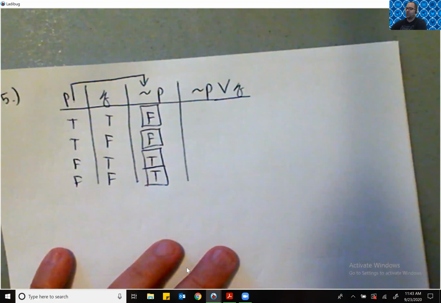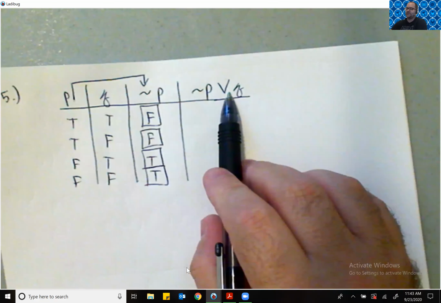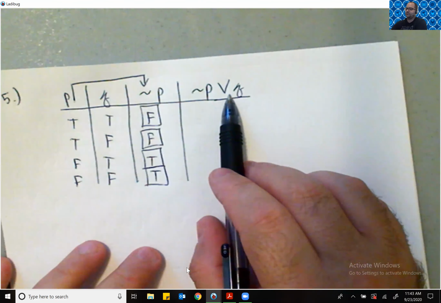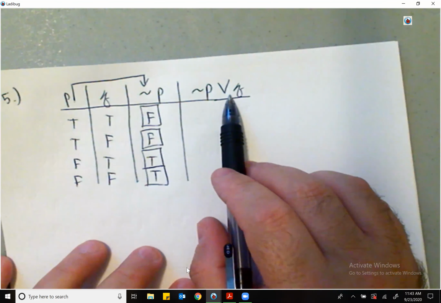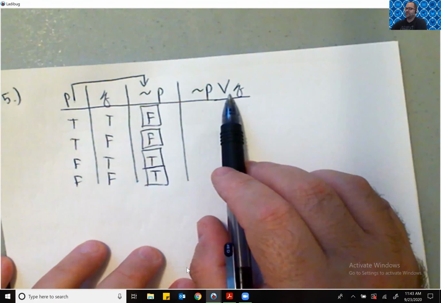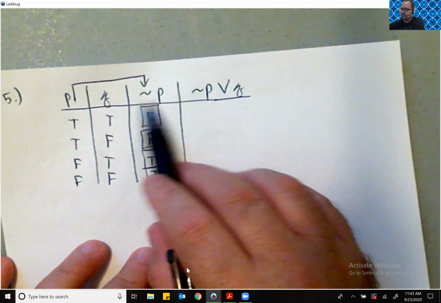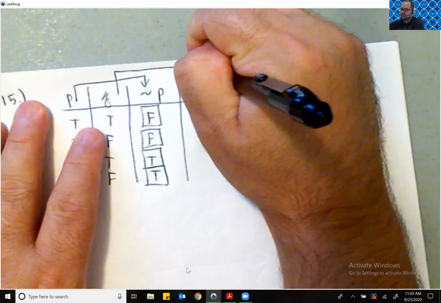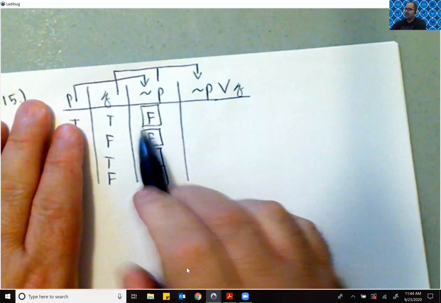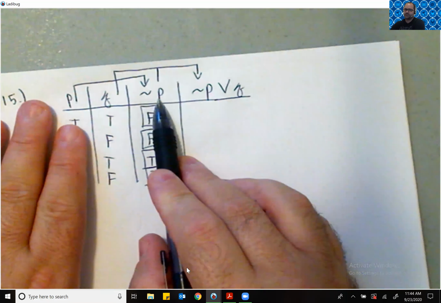All right. Now ors. Ors are only false when both the values are false. Which two columns are we going to use? The second two. We're going to use the Q column and the negate P column to help us out.